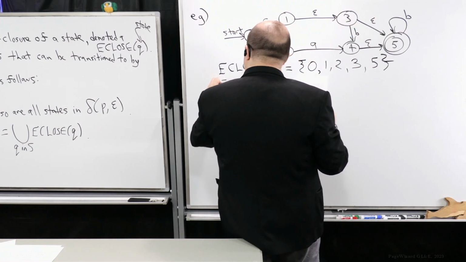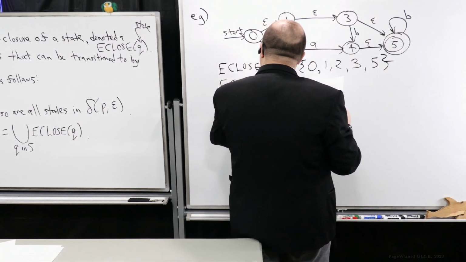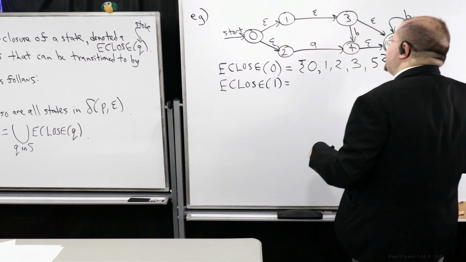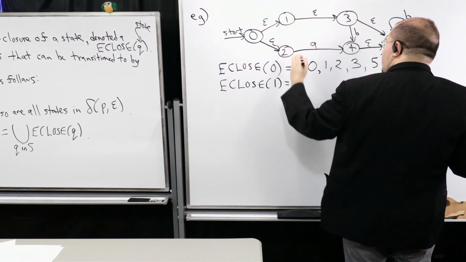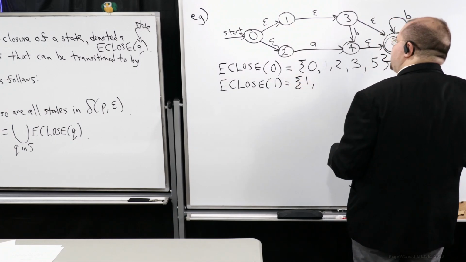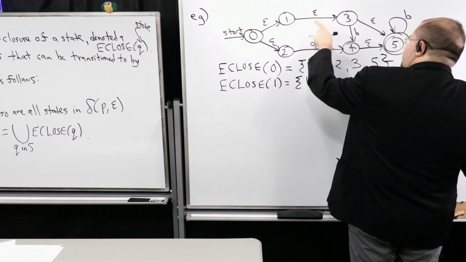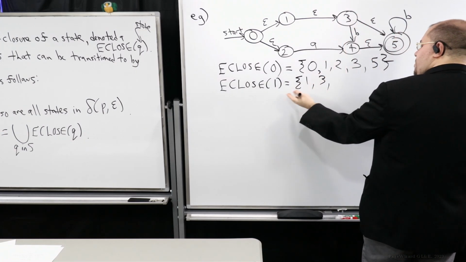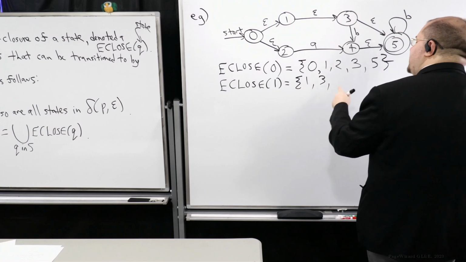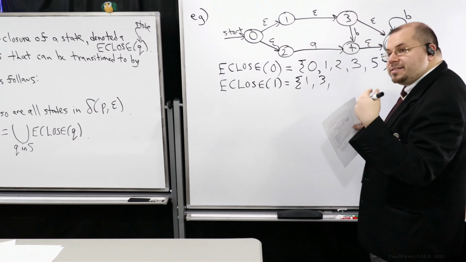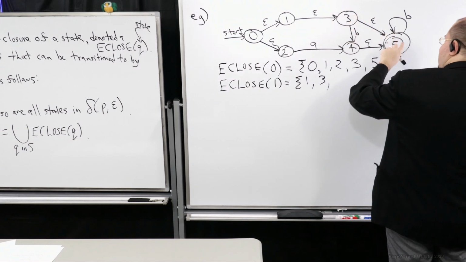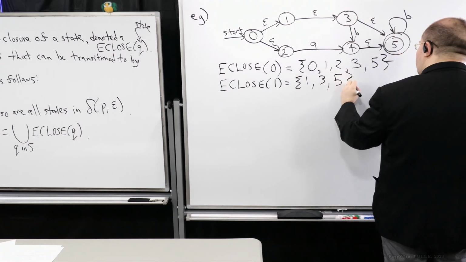Let's do another example. Let's consider the epsilon closure on state 1. If I look at state 1, by definition 1 is in the epsilon closure of 1. But notice there's an epsilon transition to 3. Well, if 3 is a part of the epsilon closure of 1, then so are all the transitions from state 3 on epsilon. So notice that I can go to 5, right? But I can't go to 4.